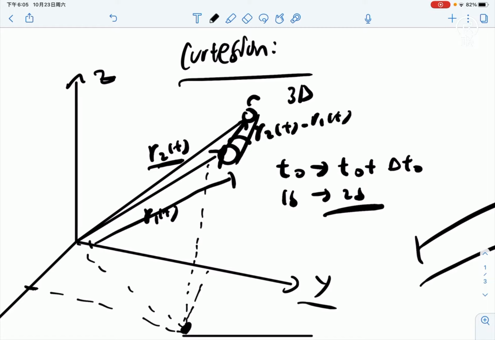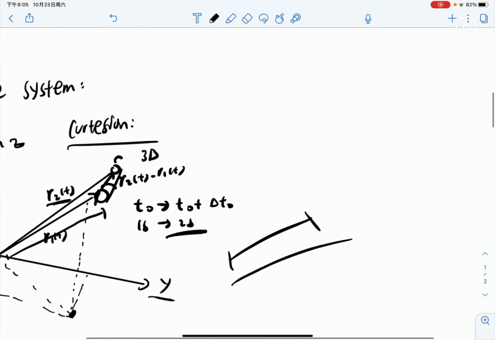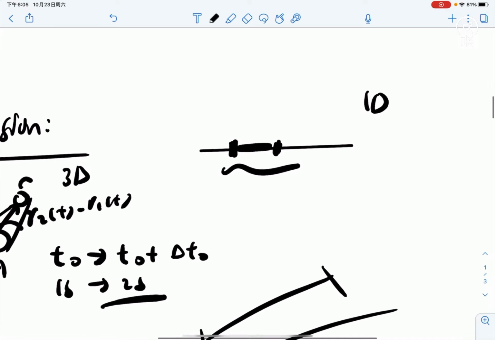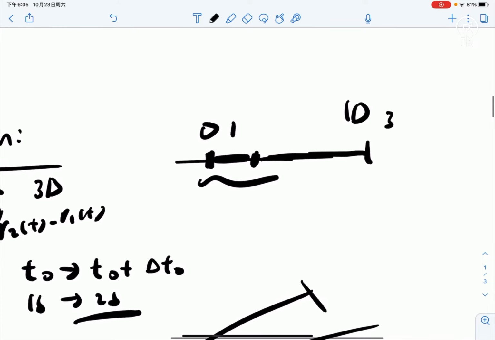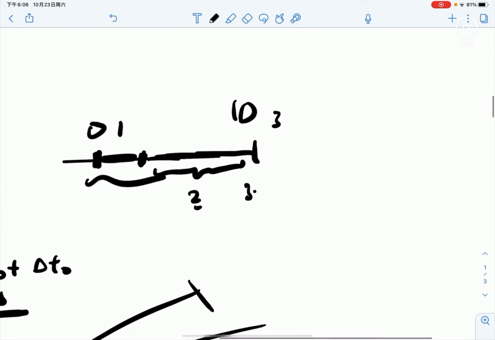So I need to go over this real quick. In a 1D world, if you have a point at a length of 1 and you move it to a length of 3, and we want to find the length of this change, you basically subtract.